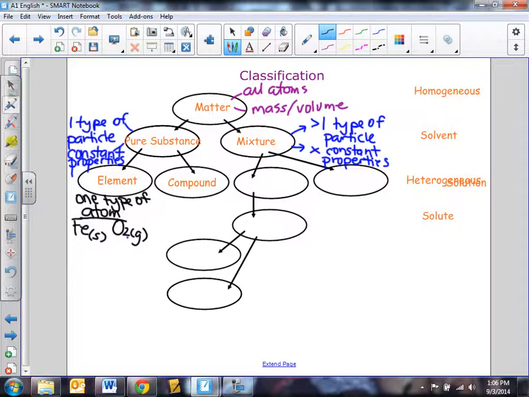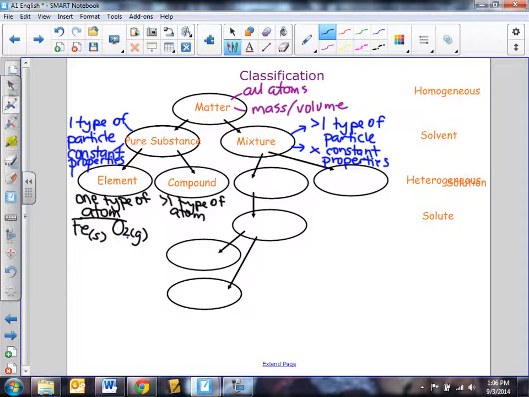Now, a compound is fairly similar. A compound has more than one type of atom, but remember, it's a pure substance. It still only has one type of particle. So we're saying that I have 2 or more different atoms, but they're attached to each other. They're in one particle together.